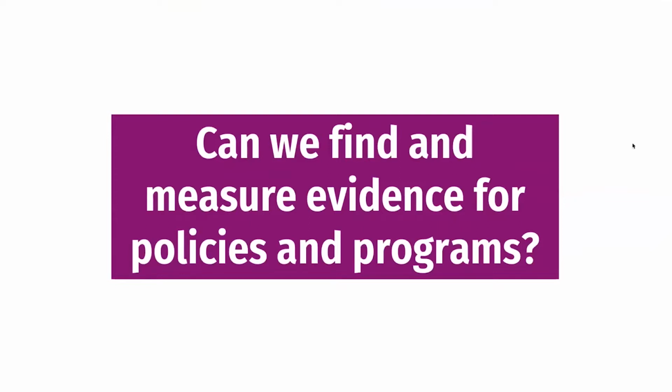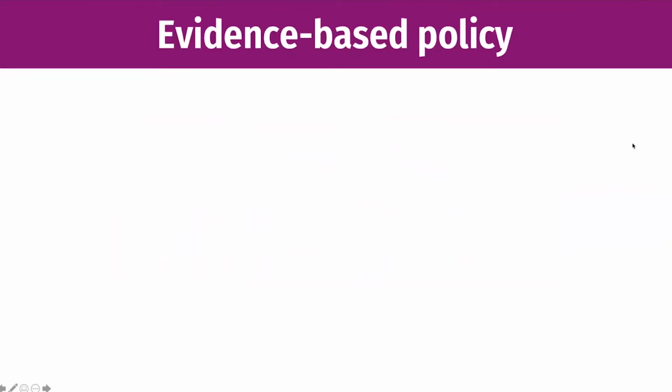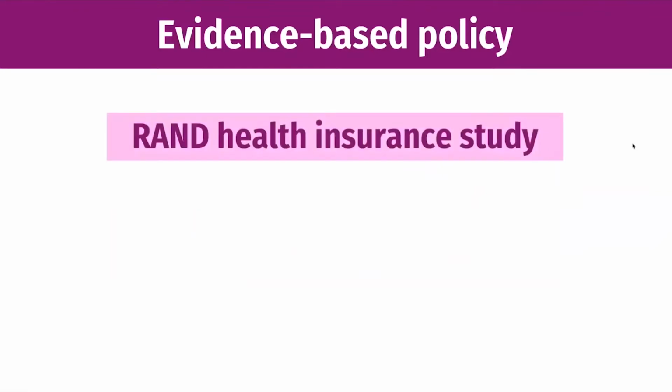There are lots of efforts to do this. There's a whole world of trying to prove evidence-based policy. Back in the 1950s, the whole reason we have private insurance connected to private employers in the United States is because the Rand Corporation led a study on health insurance. It was a randomized controlled trial to see what was the cheapest, most cost-effective way of delivering healthcare to the whole country.